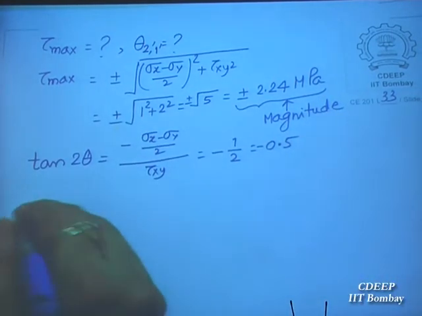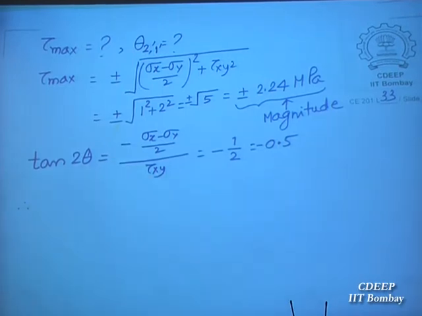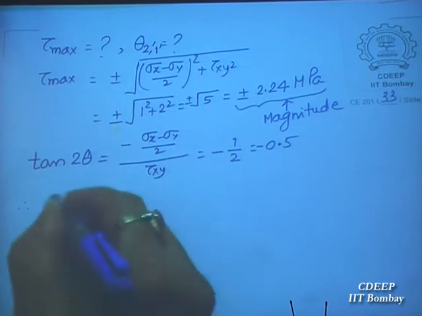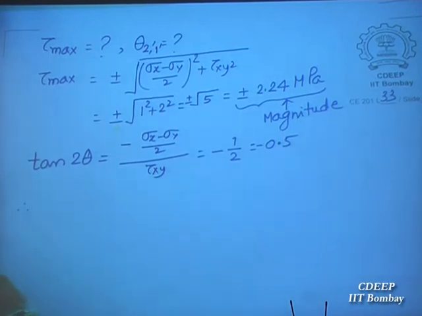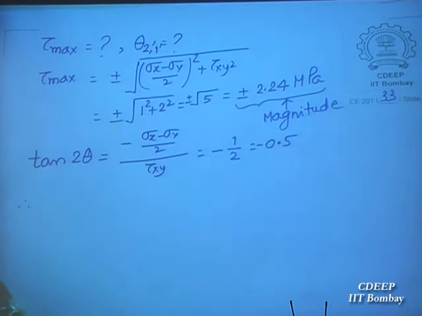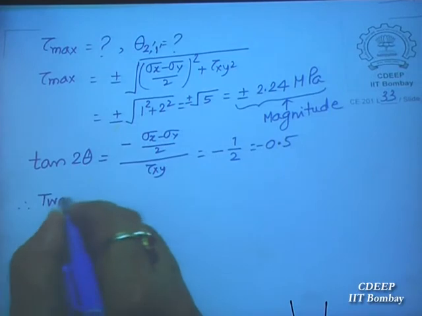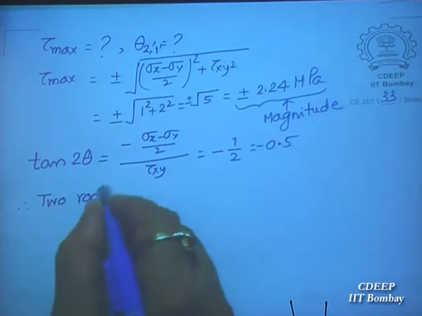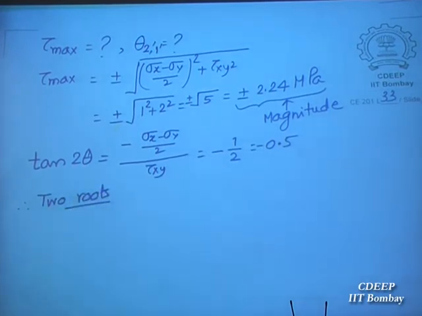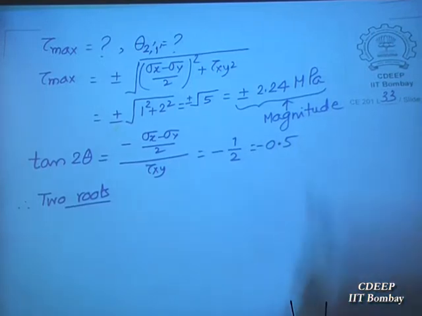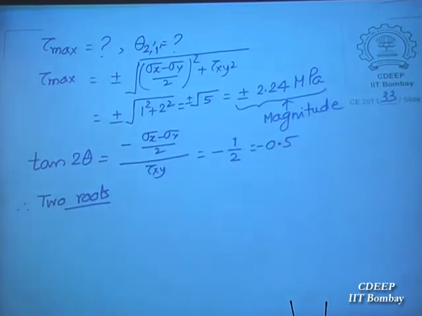So please find out what this is. Theta 2 is all right, but again there are two roots. You should not have confusion between the 1 and 2 directions for principal stress, where you have 1 and the other one you call 2.